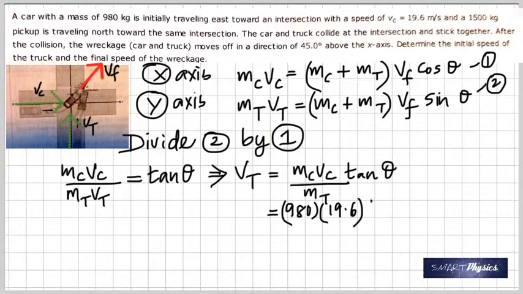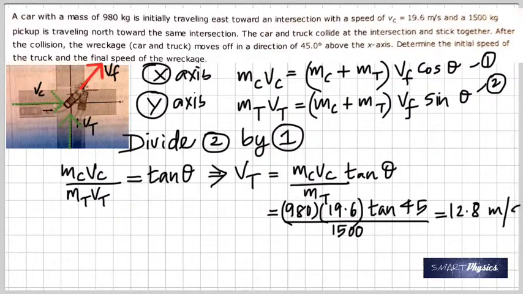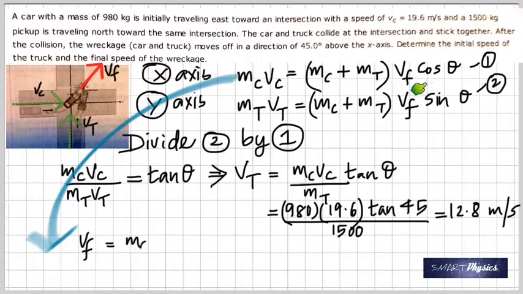Its velocity is 19.6, times tan 45 degrees, divided by the mass of the truck, which is 1500 kilograms, which gives 12.8 meters per second.